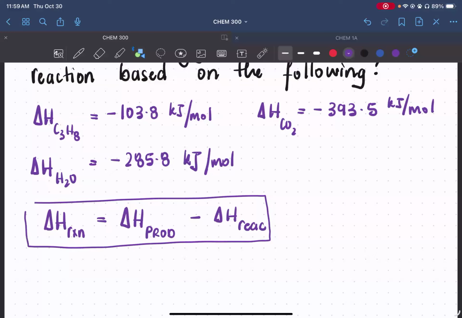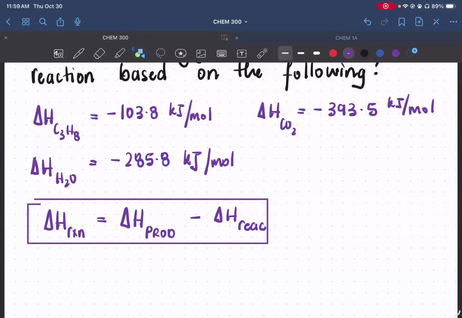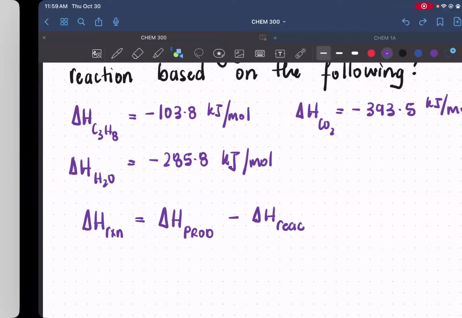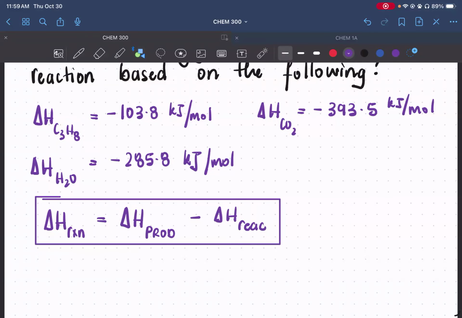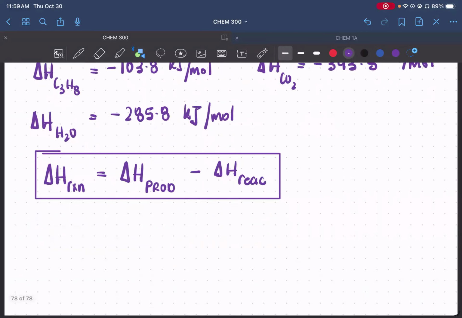This is a brand new equation you have been given. This is how to calculate the energy of a reaction. It is the difference in energy between the products and the reactants. So let's see what that looks like.